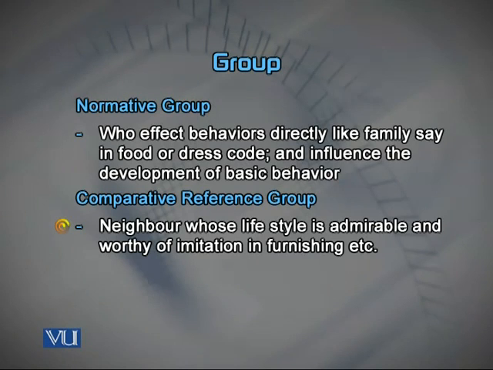And now, what are the factors that actually influence our behavior from the reference group? What I mean to say is that there are certain factors which influence the influence of these reference groups.